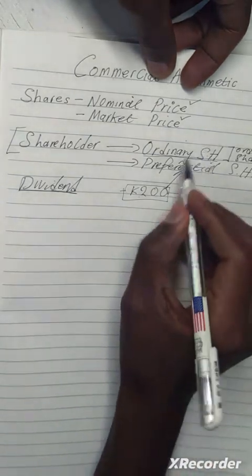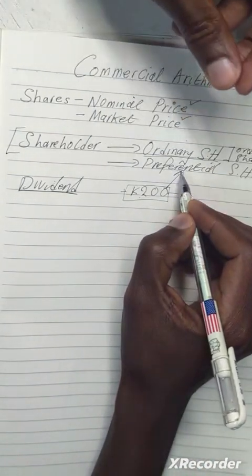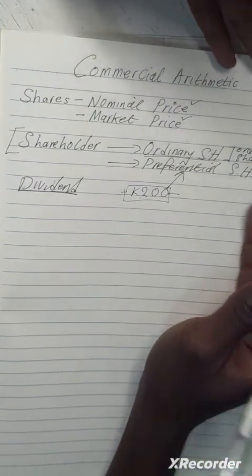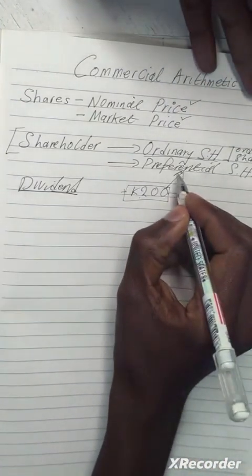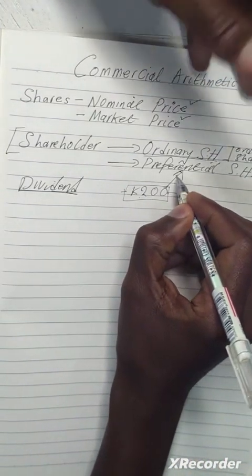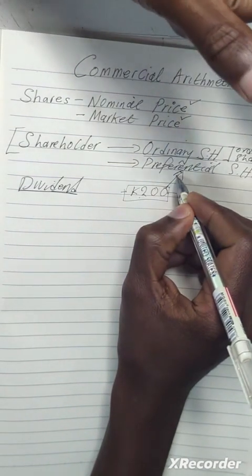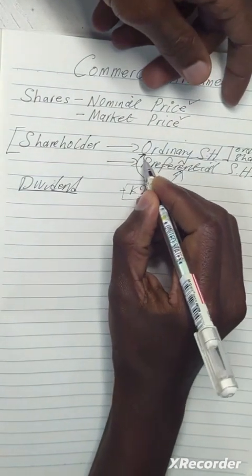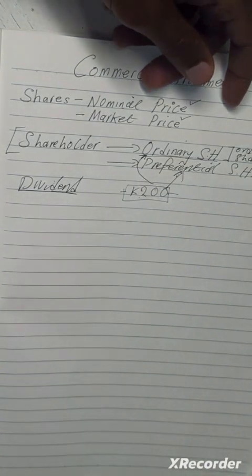It's not always that all the shareholders are going to be paid, depending on the profit. But whatever profit has been made, the first to be paid are the preferential shareholders. If there's a portion of the profit that remains, that is going to be paid to the ordinary shareholders.